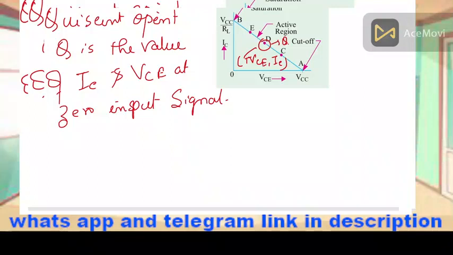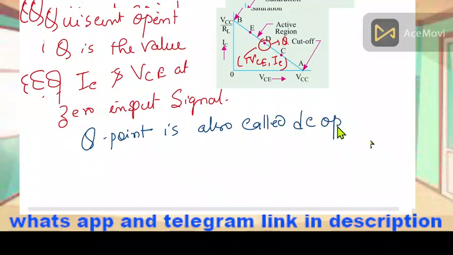Now why is it so? DC operating point or working point. Because it is this point which determines the working of the transistor. I am writing Q point for quiescent point, which is also called DC operating point or working point.